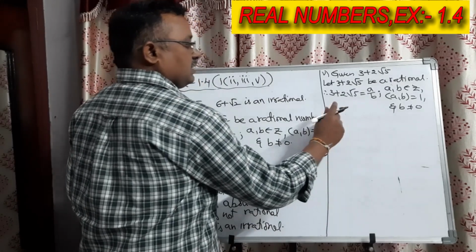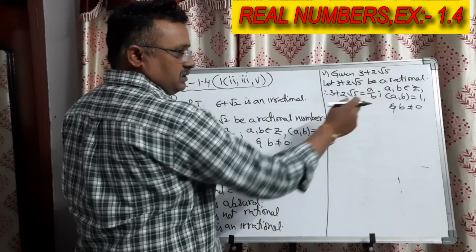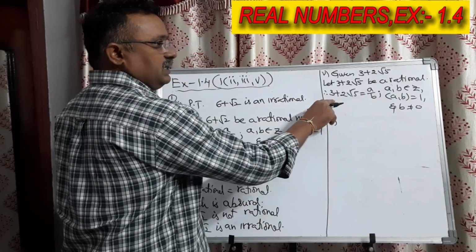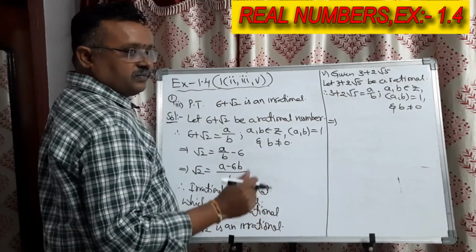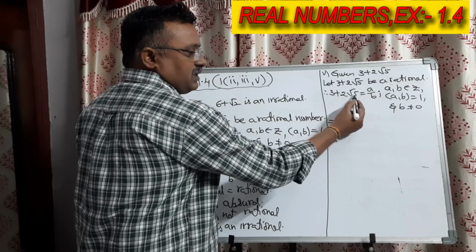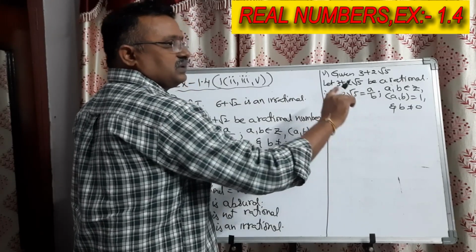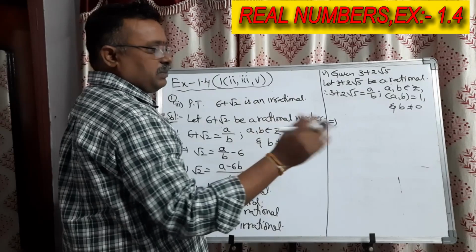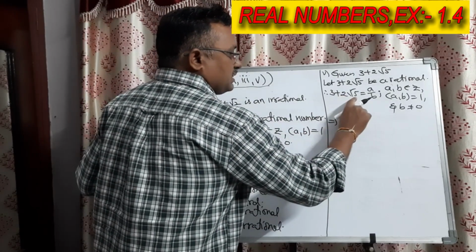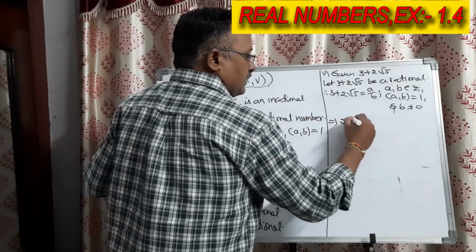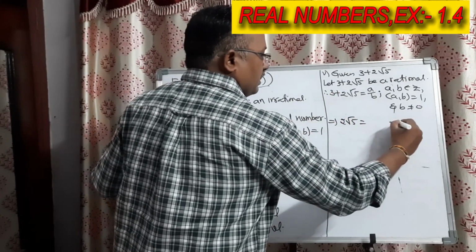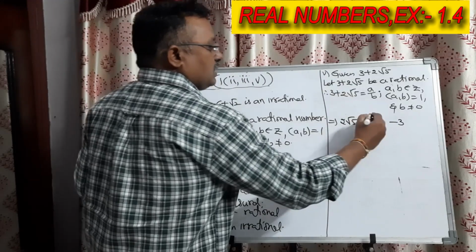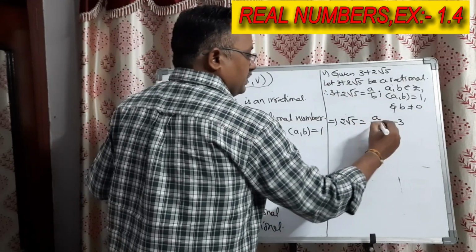This implies, observe that the right side one is rational, which is our consideration. On the left side, 3 plus 2 into root 5 is there. 3 is rational, root 5 is irrational. Send the rational numbers to the rational side step by step. Then plus 2 root 5 will remain here, and when plus 3 moves to the other side, it becomes minus 3 from the existing value a by b.